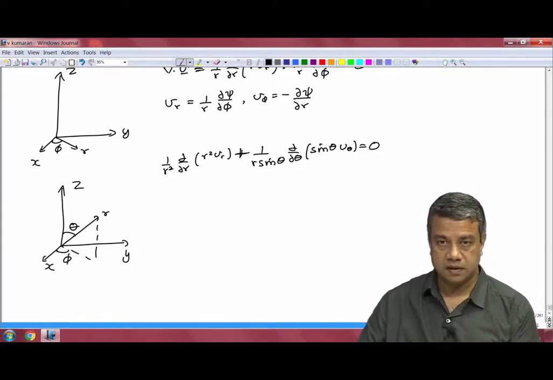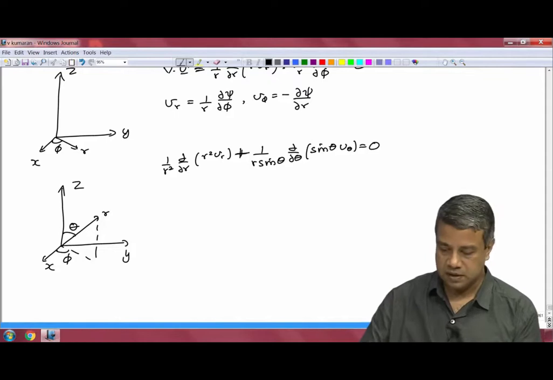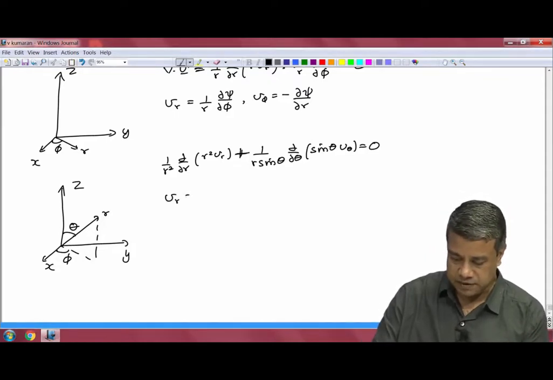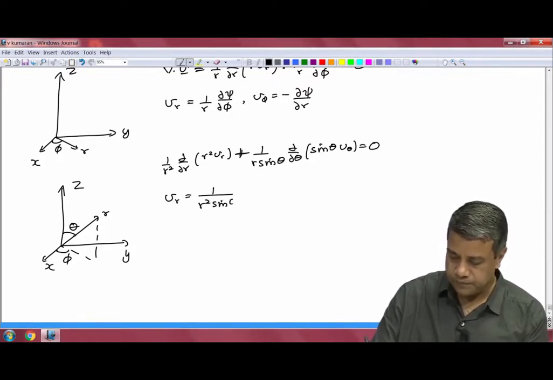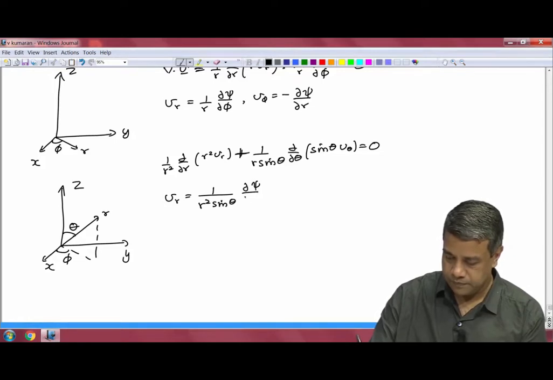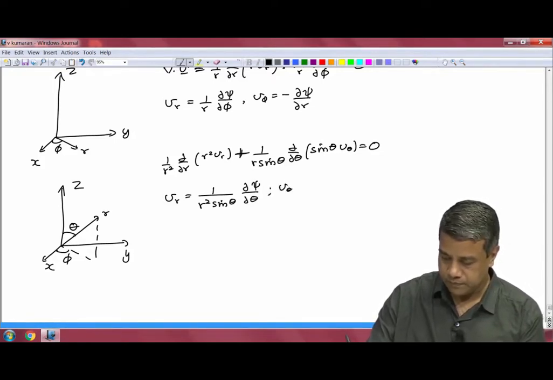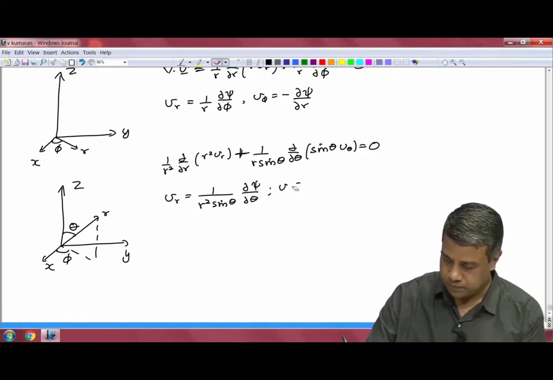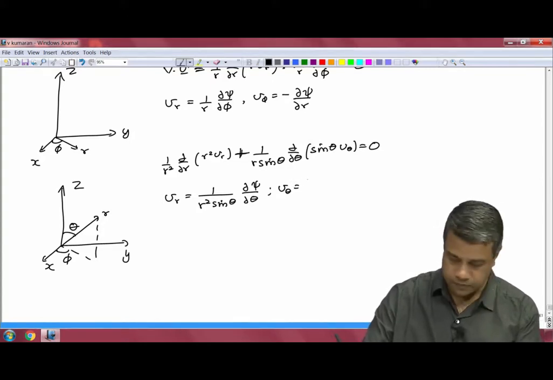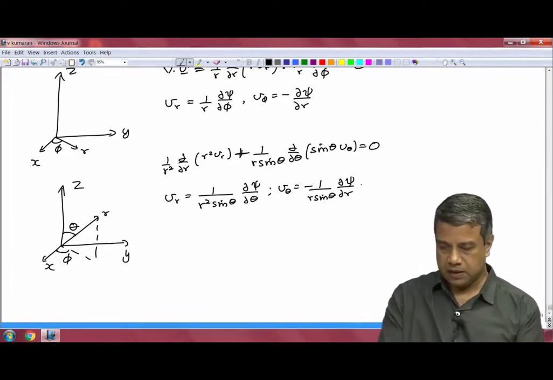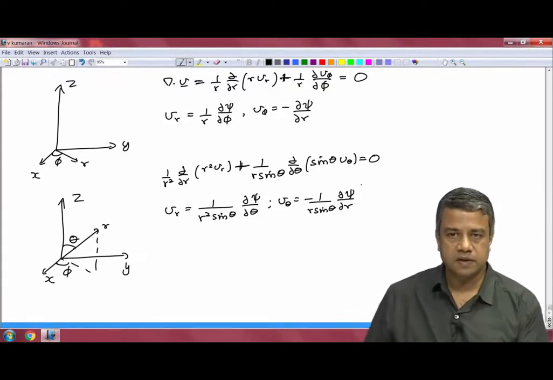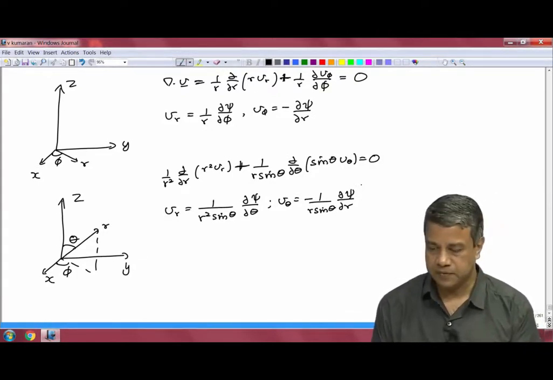If there is no dependence on the azimuthal coordinate, in this case you can define the stream function by the relations. So, these are the extensions of the concept of the stream function for two dimensional flows for a cylindrical and a spherical coordinate system.